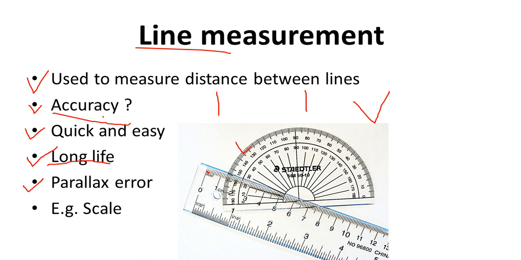Parallax error: line measuring instruments are subject to parallax error, so our line of vision must always be perpendicular to the graduations or markings on the instrument. A common example is the scale. This protractor is also a line measurement instrument. Any measuring instrument with which we take the measurement based on lines is considered a line measurement.